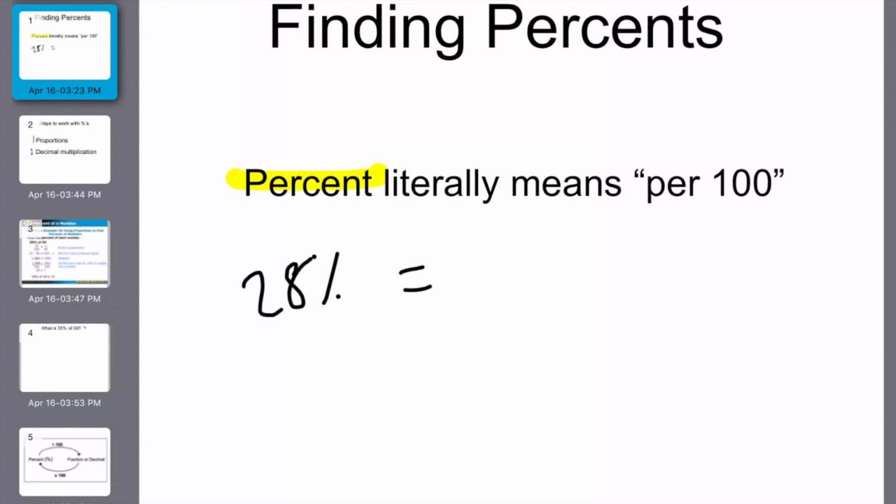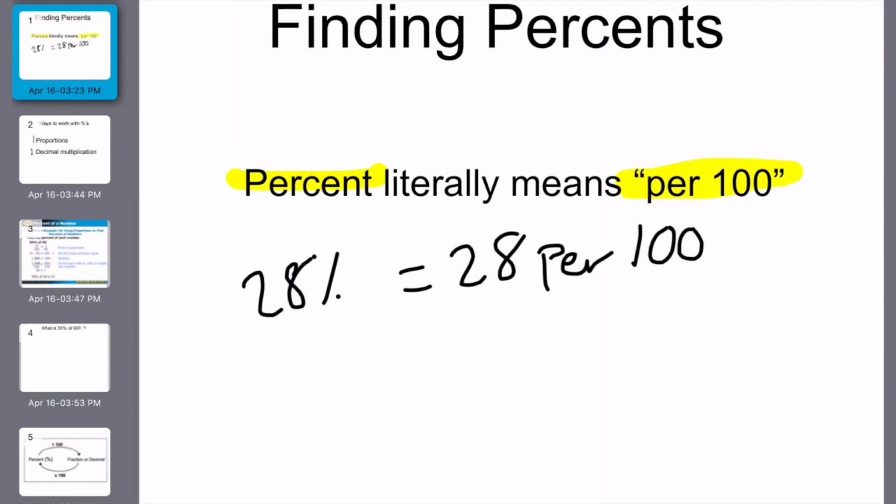I wanted to go back to what we talked about in the beginning of the year, where we said that a percent literally means per 100. So I can say 28% is the same thing as 28 per 100. Now I know when you see the word per, you probably think of a couple different things. For example, one of them is miles per hour.